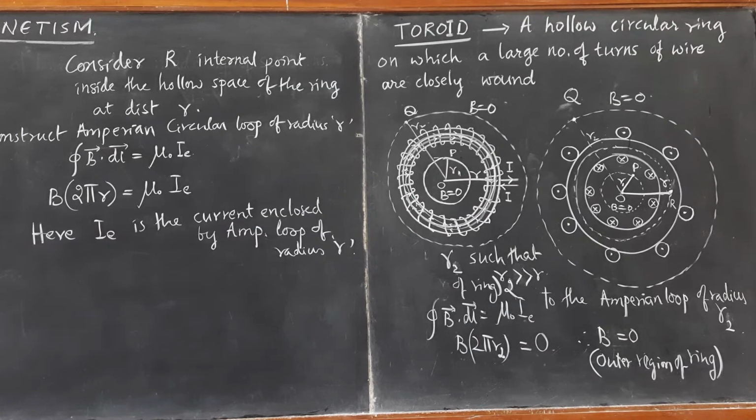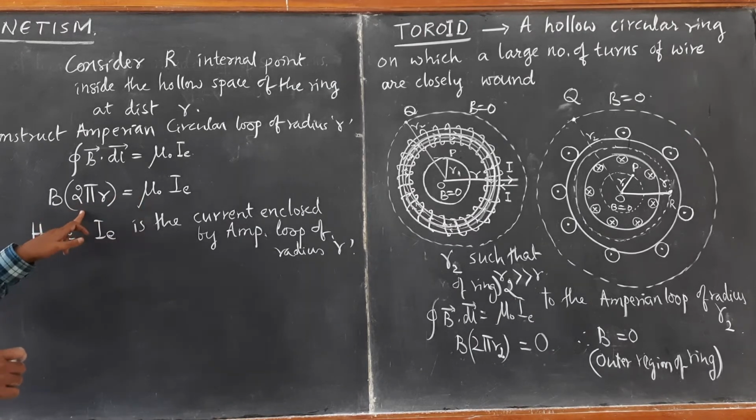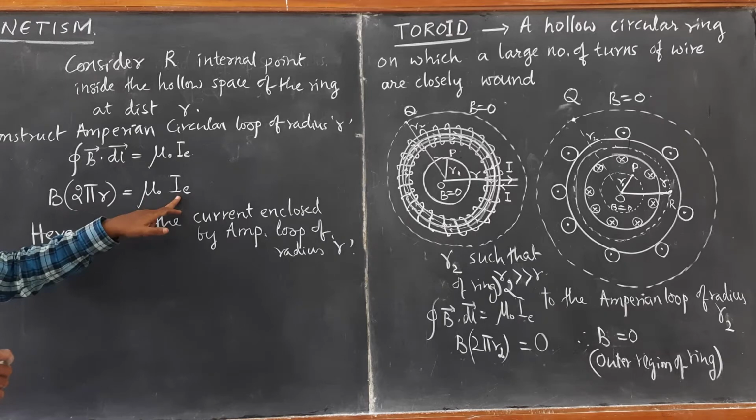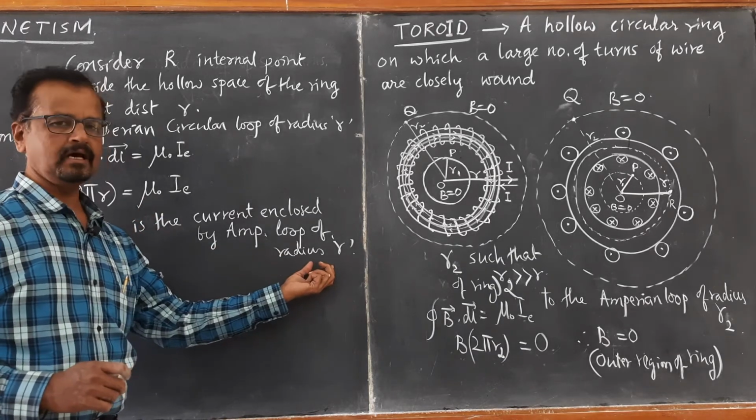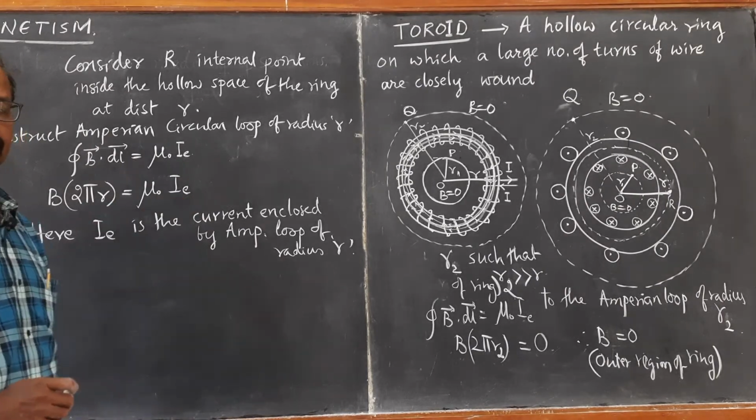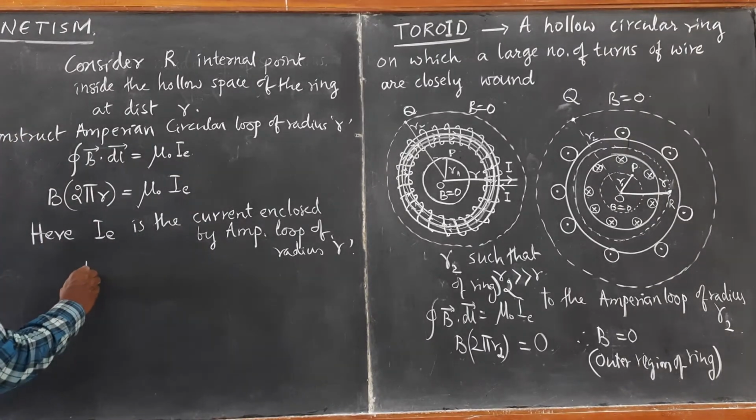Now you can see the result of Ampere circuital law is B into 2 pi r is equal to mu naught times IE, where IE is the current enclosed by this Amperian loop of radius r. Now, I need to calculate IE. How do you calculate it?